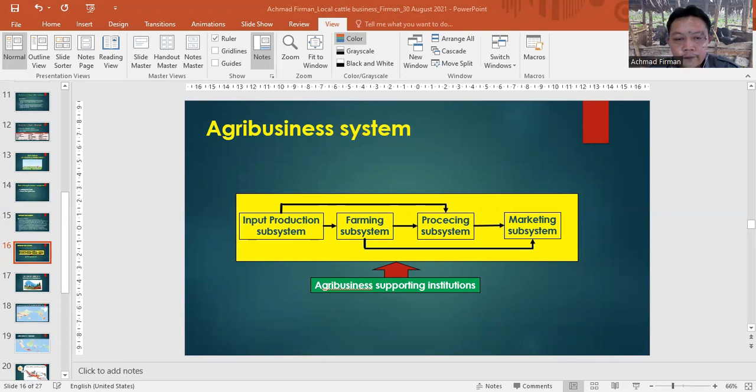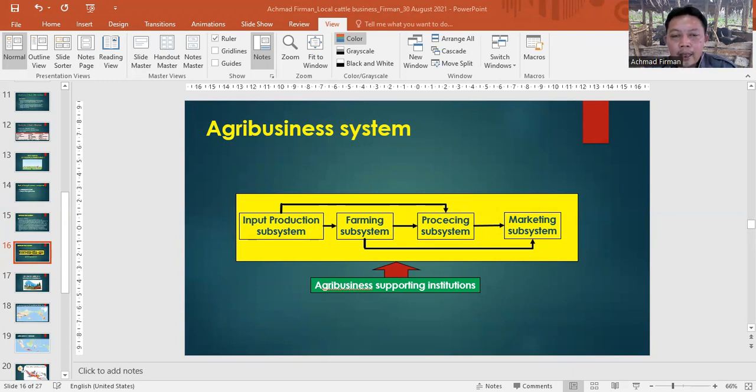If the system is formed in one company, then the company moves from upstream to downstream. It needs big capital to build a company like this. Or another strategy is to collaborate with other companies which have a similar product to join in building the system. One company works in input products, one in farming, one in processing, one in marketing, then one company works in financial support.